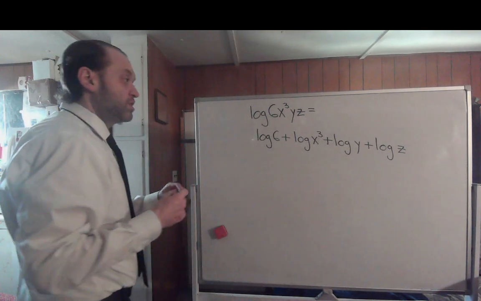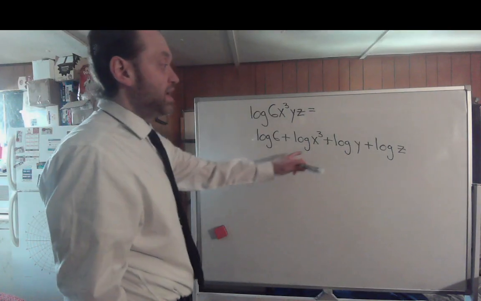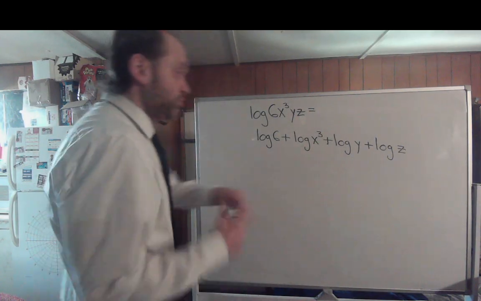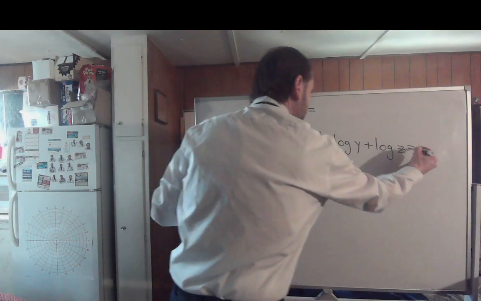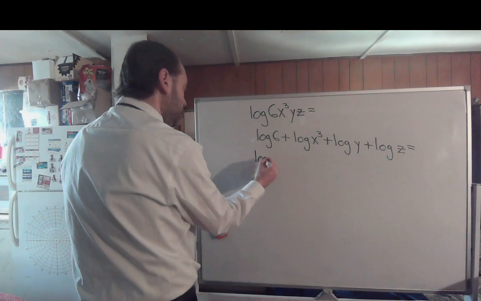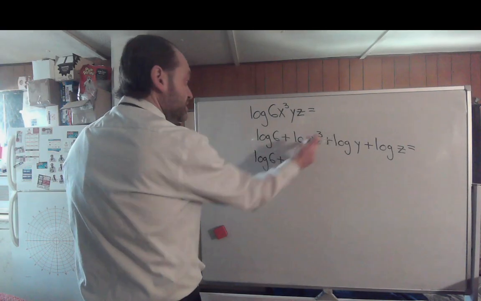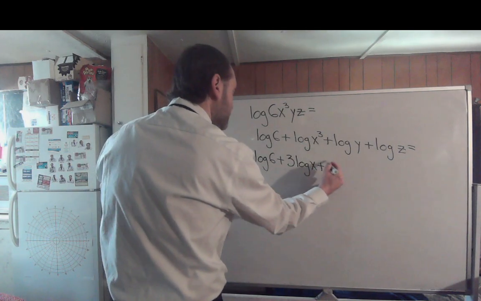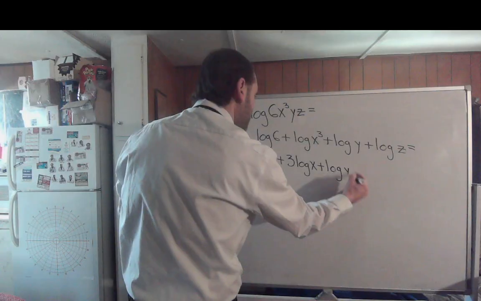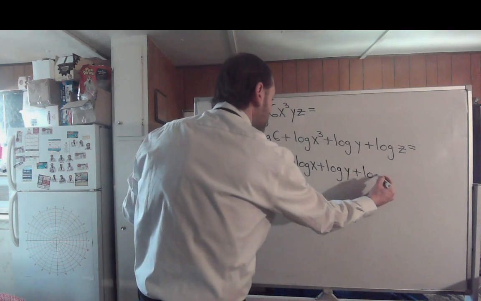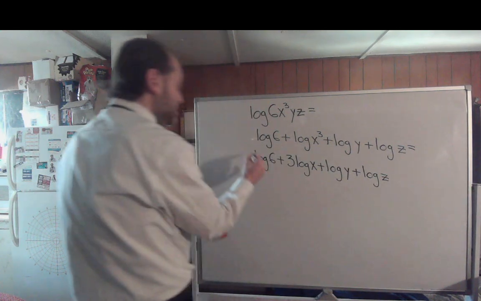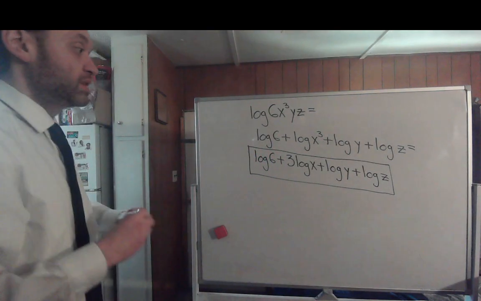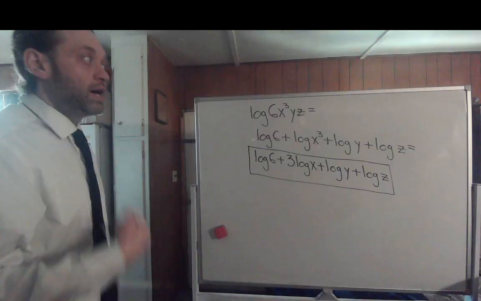So we've separated all the products. Everything is simplified except for this log of x to the third, because you have a power property here. So this will simplify further into log of 6 plus 3 log of x plus log of y plus log of z. And that's the best we could do with this. You'll end up getting log of 6 plus 3 log of x plus log of y plus log of z.